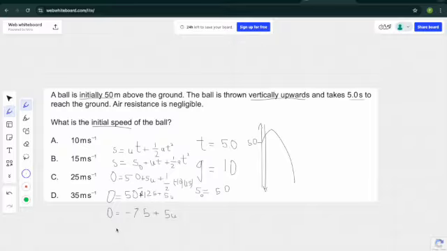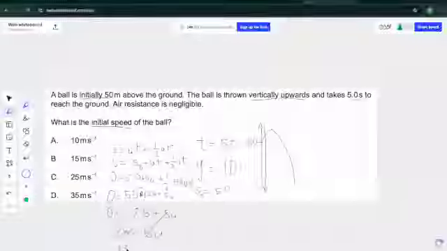And if we rearrange this, we get 75 equals 5u. So dividing by 5 on both sides, we get 15 is u.